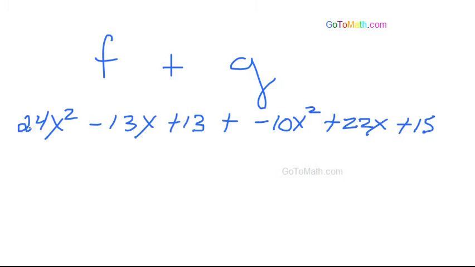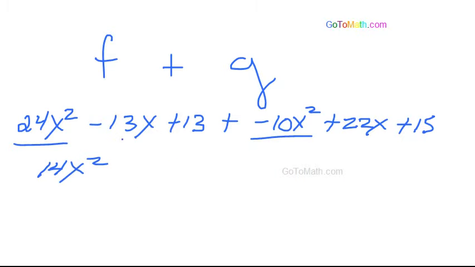Alright, so now what we're going to do is collect up our like terms and write this in standard form. That means descending order, the highest power of the exponent first, and run it down in descending order. So we've got 24x squared minus 10x squared, that's 14x squared.